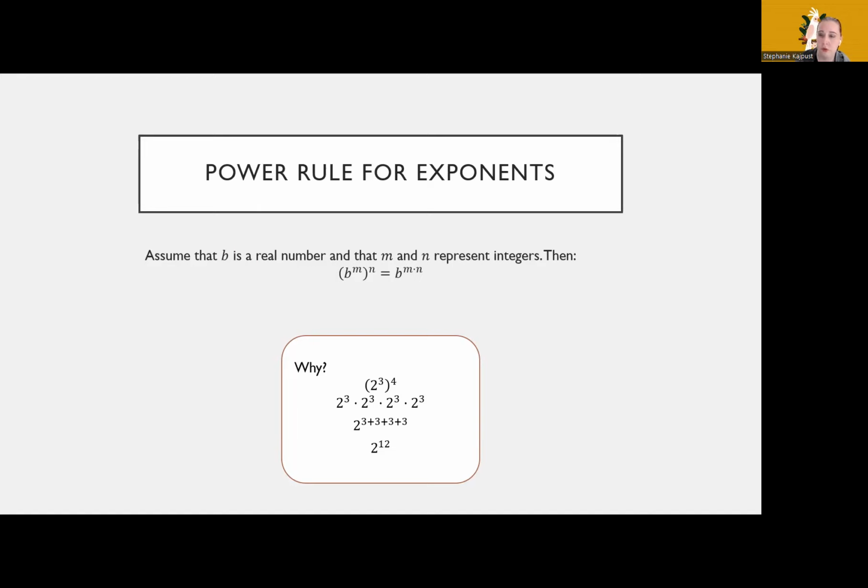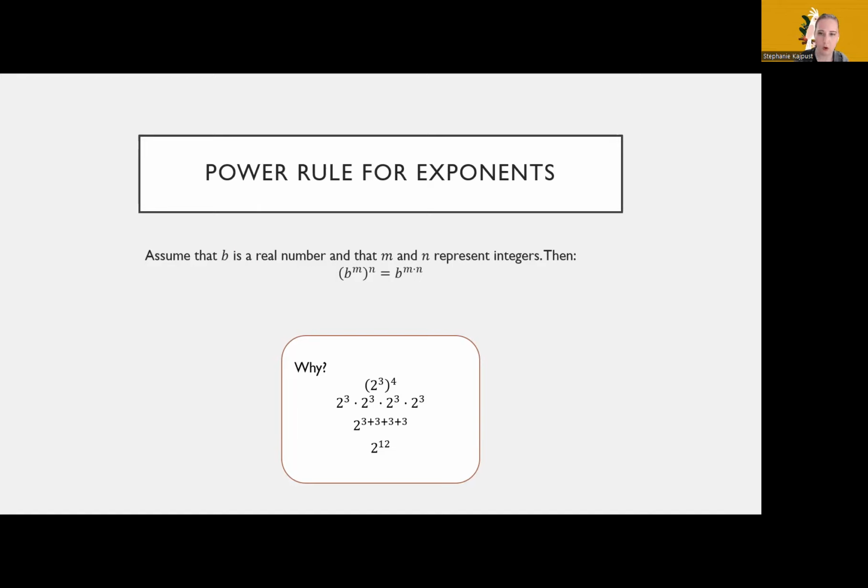Now, for the 2 cubed multiplied 4 times, we can use the multiplication rule where you add the exponents together. Those things are multiplied, so exponents add. So that's 2, and then you add all those 3's together, 3 plus 3 plus 3 plus 3, and that adds up to 12. So this becomes 2 to the 12th, which is the same thing as if you multiplied those exponents: 3 times 4 gets you 12.